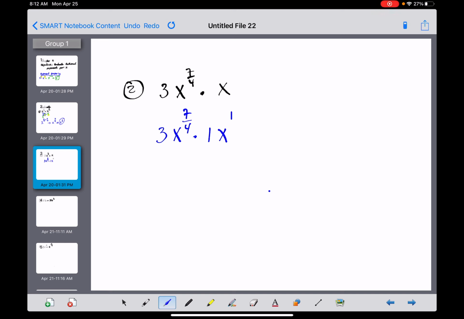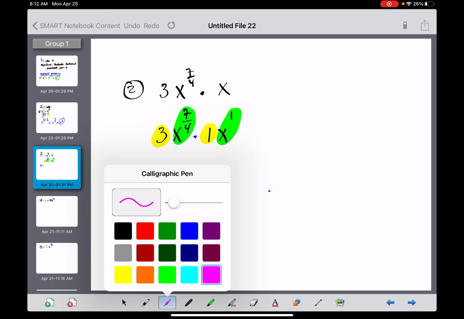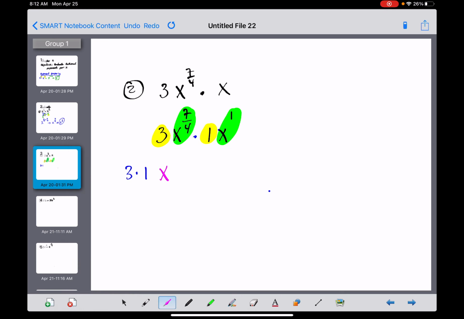Now we're going to take care of numbers with numbers, and then the exponents of the variables with the variables. So that's going to be x to the 7 over 4 plus 1, but we're going to put this over 1 to make it a fraction, okay?